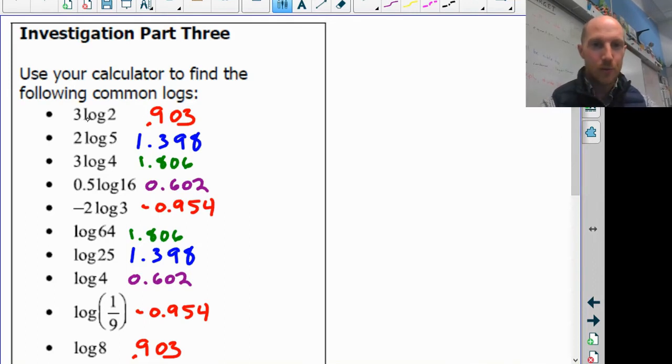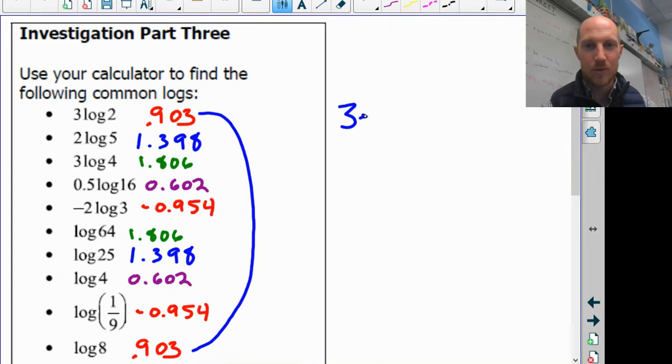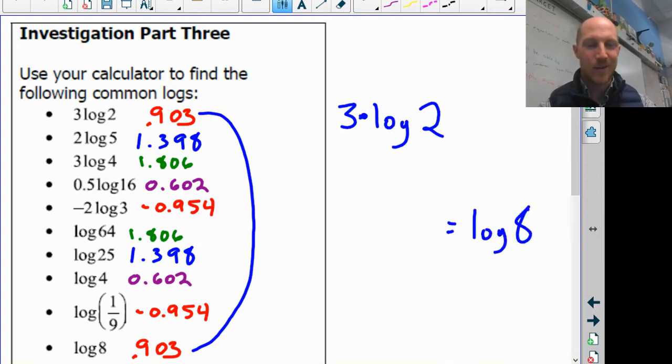So 3 times log of 2 is the same thing as log of 8. How in the world do we get 3 times log of 2 to be the same thing as log of 8?